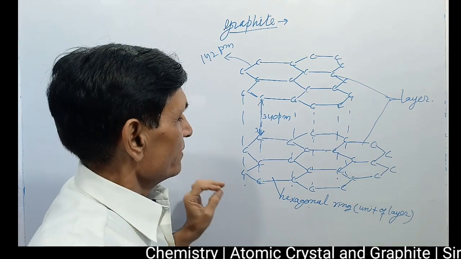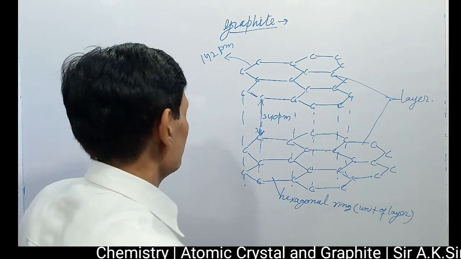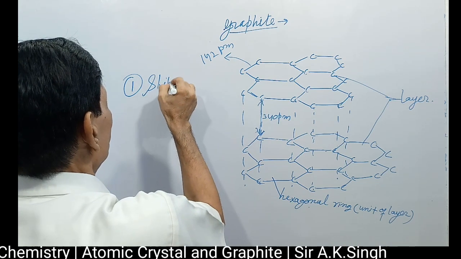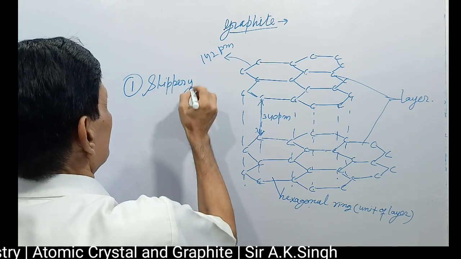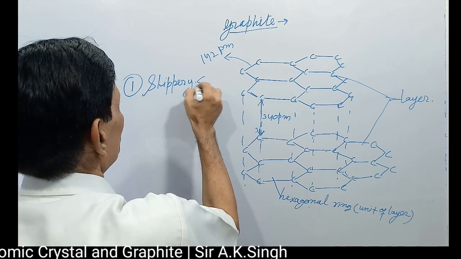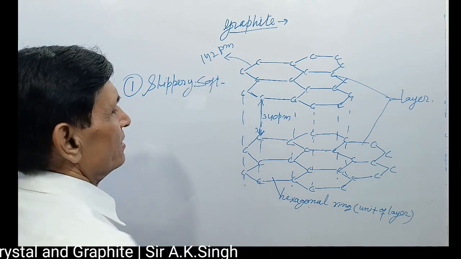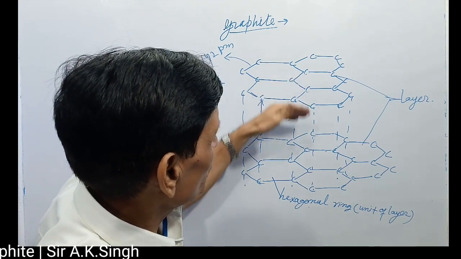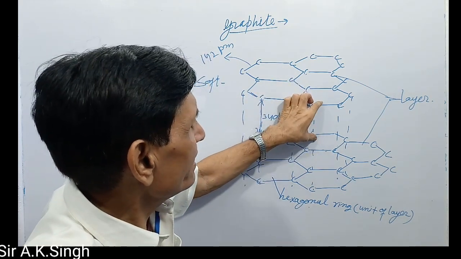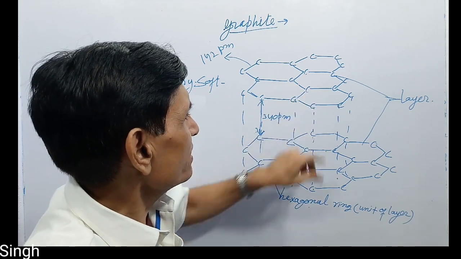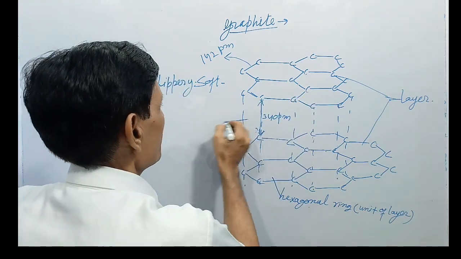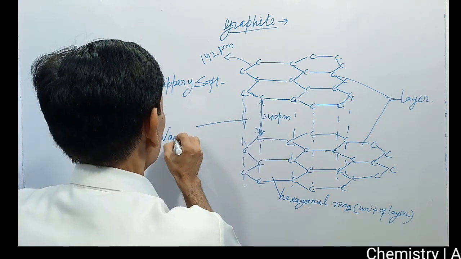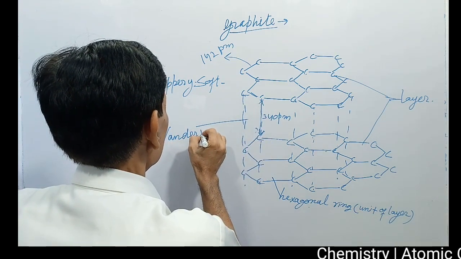Now, important properties of graphite. First, graphite is soft and slippery. Why is graphite soft and slippery? Because of the space between the layers, and these layers are attracted towards each other by a weak force of attraction, called van der Waals force of attraction.